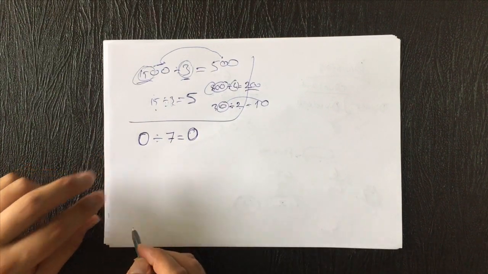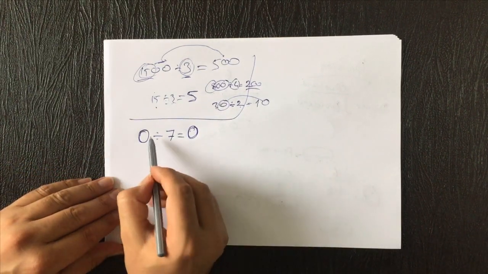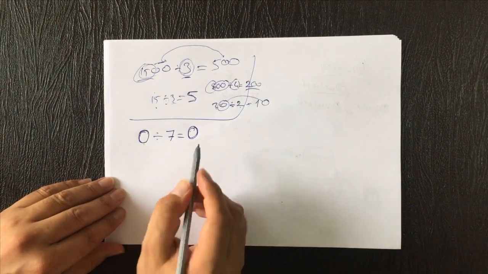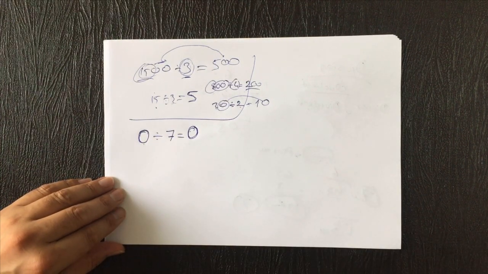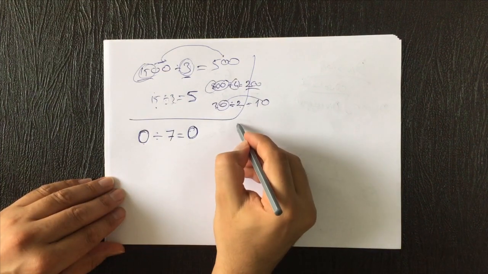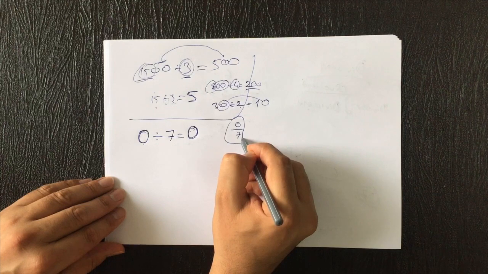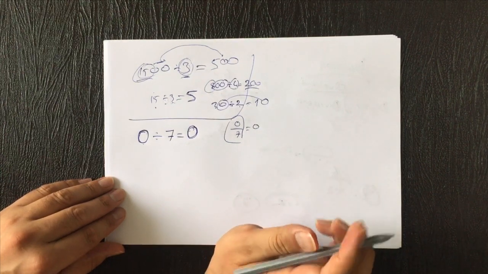This is the rule of division. If the dividend is 0, just remember, in the next videos we will do it as a fraction. So this is the 0.